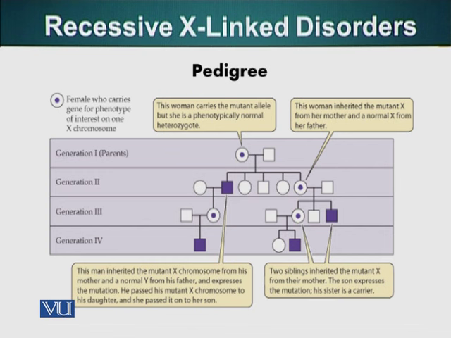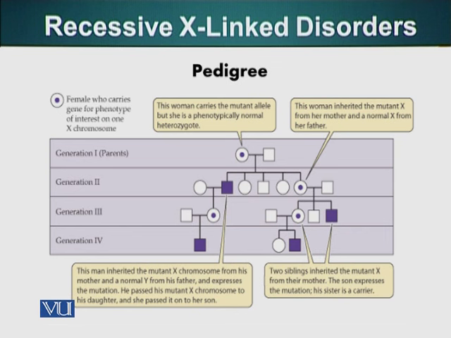You can see she has two sons, one is affected, the other is normal. Again, when this male forms gametes, he cannot transmit this disorder to a male son, but since this male has a female daughter, she is the carrier of that defective copy of the gene.